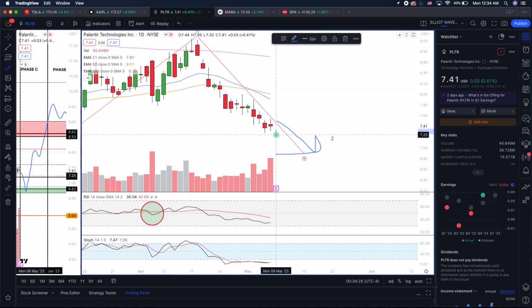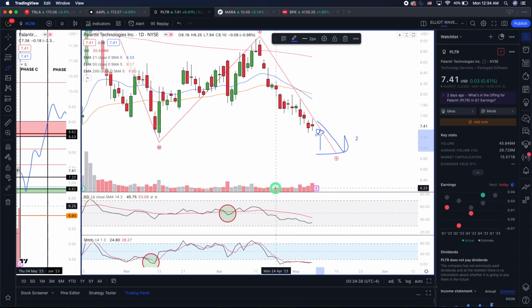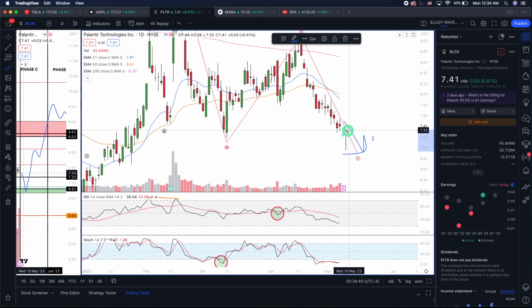I think something like a hammer candle for the day, where we wick out to the bottom side, right? That's kind of what I'll be looking for. Something where we come down low, we touched it, but we ended up finishing higher. To me, that followed by a confirmation of another green candle for the next day.